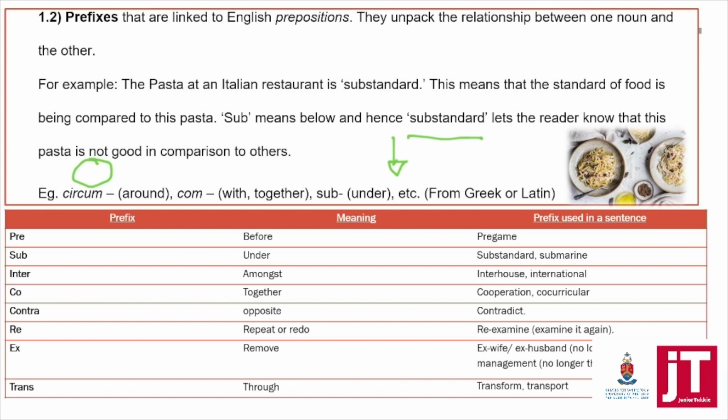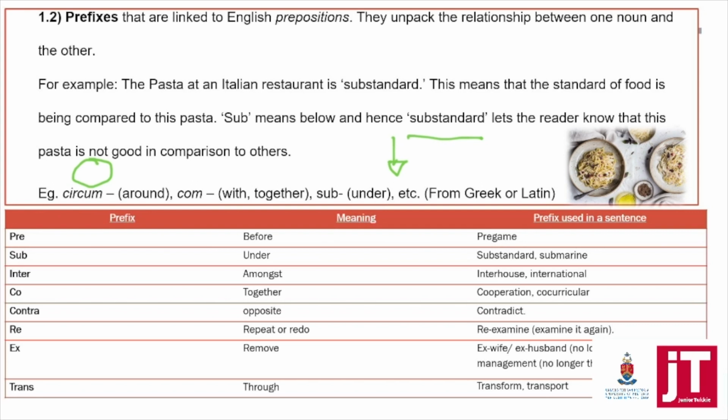Right, so let's start with pre. Pre means before. Let's have a look. Pre-game, I think that's something that footballers do. Okay, it's something that they do before the actual game. Okay. Sub means under, substandard, submarine. Oh, a submarine's a good one. That's a machine which goes underwater and can travel underwater.